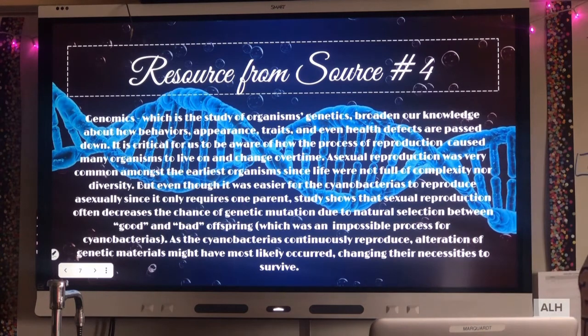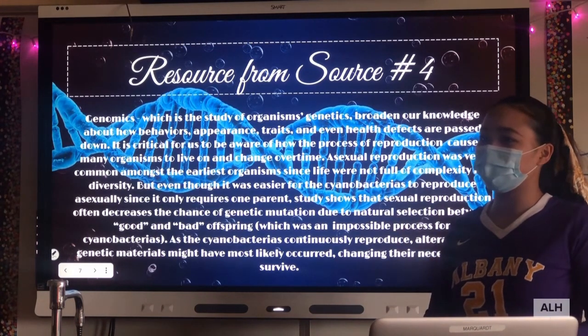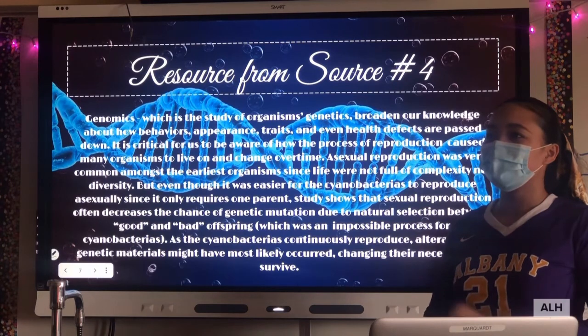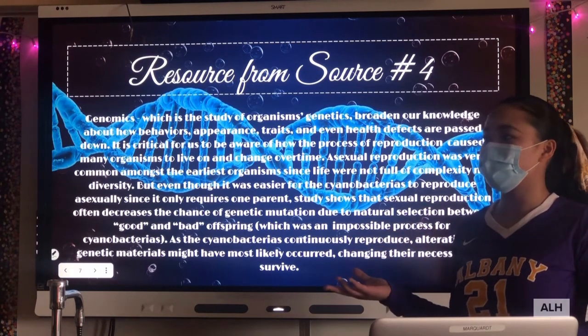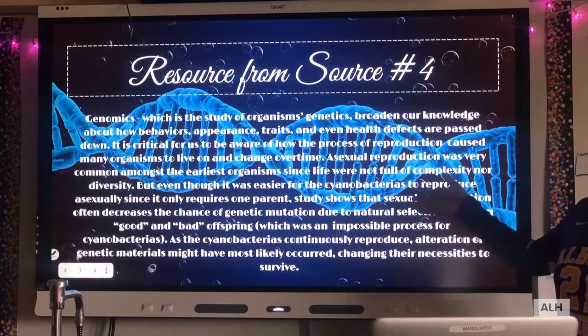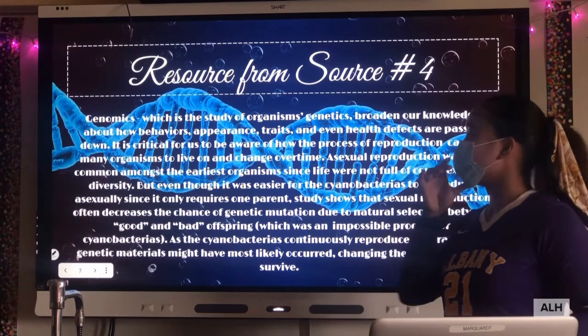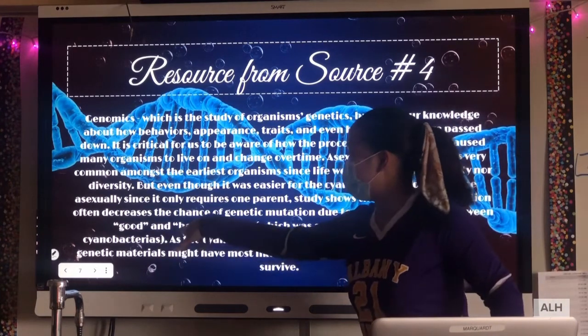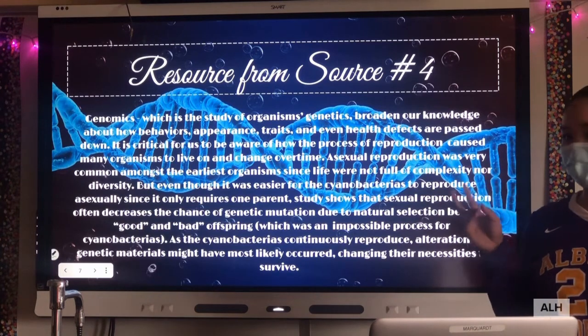This basically says that the cyanobacteria reproduce through asexual reproduction since they were single-celled organisms, but the study says that mutation is most likely going to happen when an offspring is produced through this kind of reproduction, because the good and bad offspring are going to be selected through natural selection.